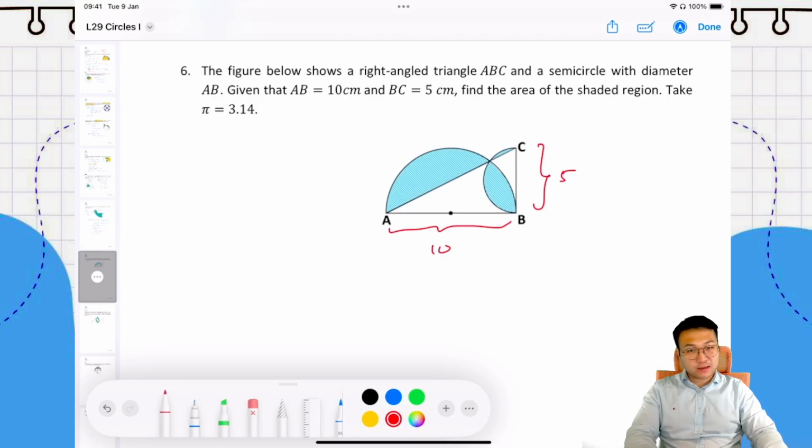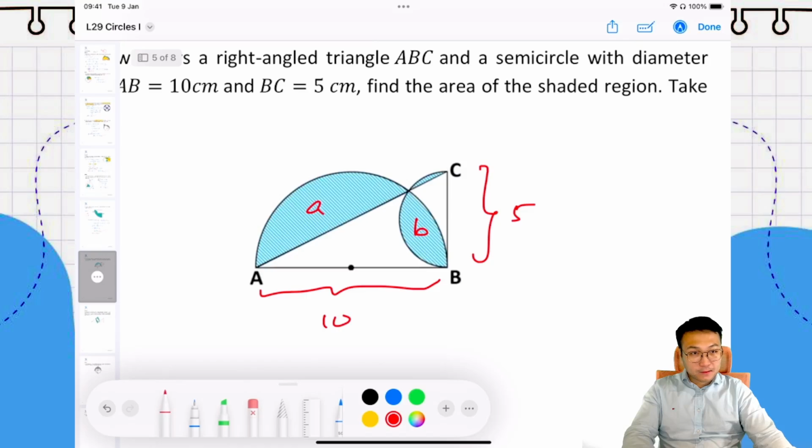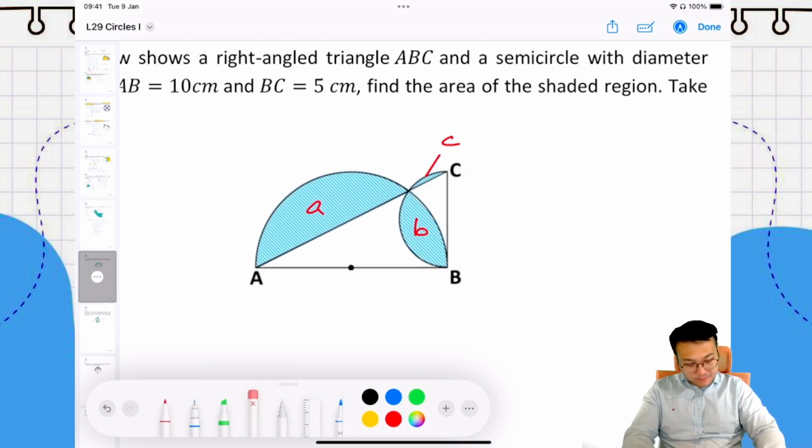Okay, students, let's label the parts, because there are so many different parts here. Let's label this A, B, and C. A, B, and C. This is going to be 10. This is going to be 5.